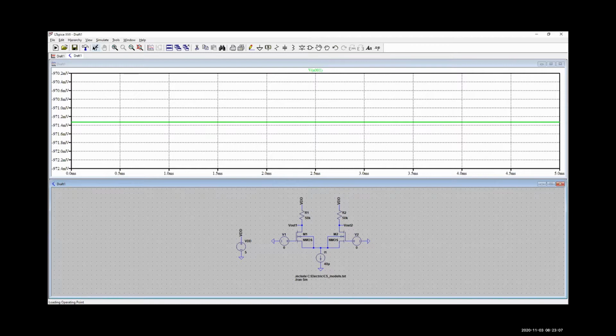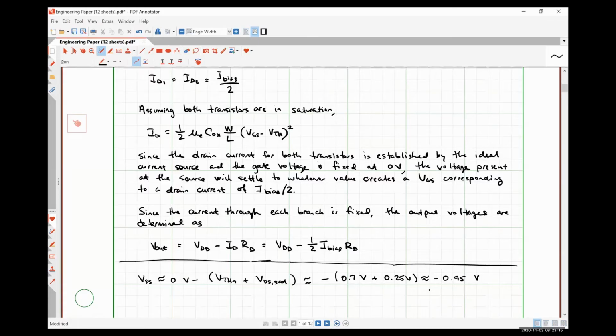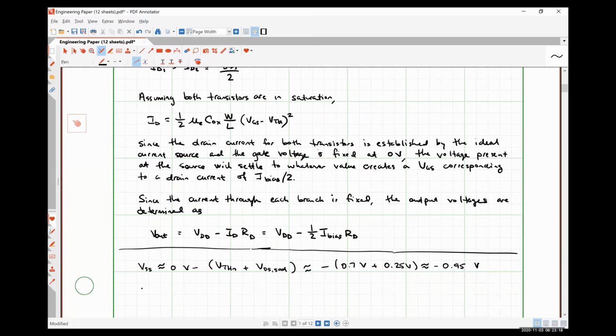And just for the sake of argument, let's look at what our expected output voltage should be as well, right? So our output voltage, Vout, should be VDD, which is 5 volts, minus 1/2 of our 40 microamps reference current multiplied by our drain resistor, which was 50 kiloohms.